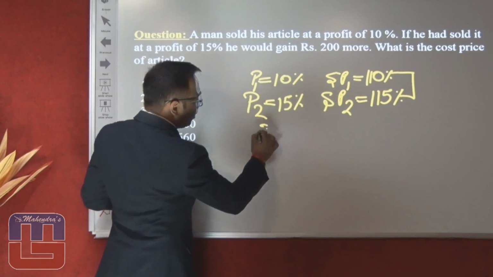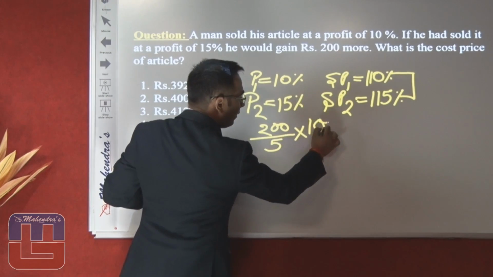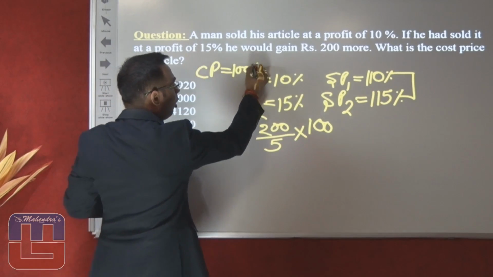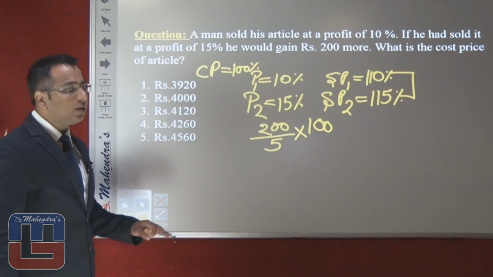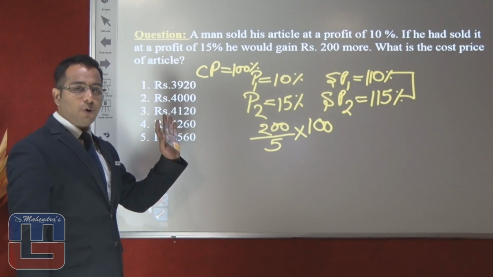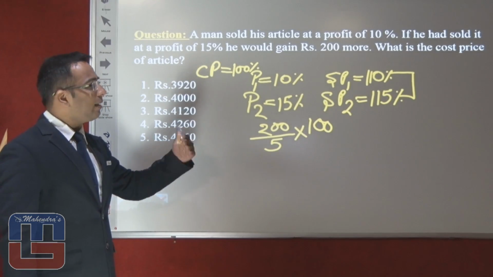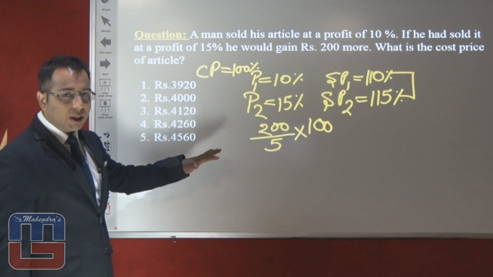So here 200 divided by 5 into 100. Since we always consider CP as 100%, as we have discussed, CP is always considered 100% in case of profit and loss unless it says that it is calculated on SP or MP, whatever the situation is.